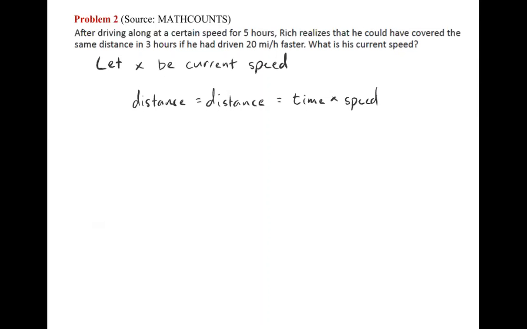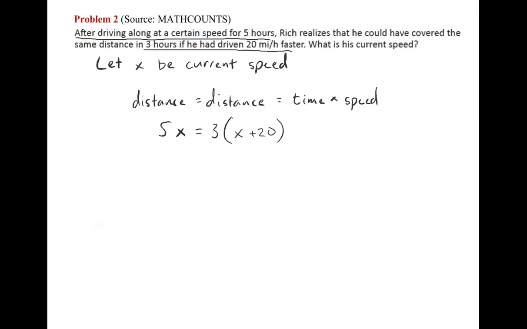So for this first statement, he's driving at a certain speed, which is x, for 5 hours. So that will give us a distance of 5 times x. And then for this second statement, he would have covered the same distance in 3 hours if he had driven x plus 20 miles per hour.